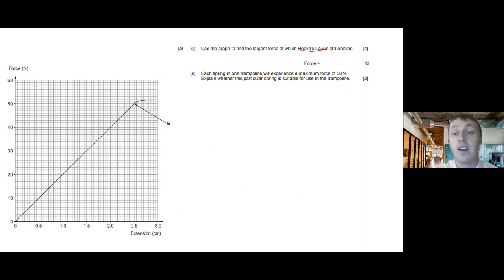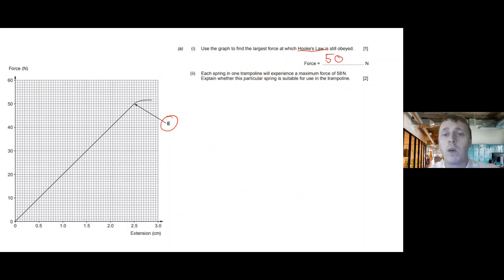And as you can see, even if you didn't quite get that, the information they've got is that they've labeled something E here, which is telling you that this is the point at which the graph stops being linear and now starts going into a region of non-linear behavior. And we can label that point as 50 newtons. Notice how they already give the units, so there's not even a mark for units, which is a shame.